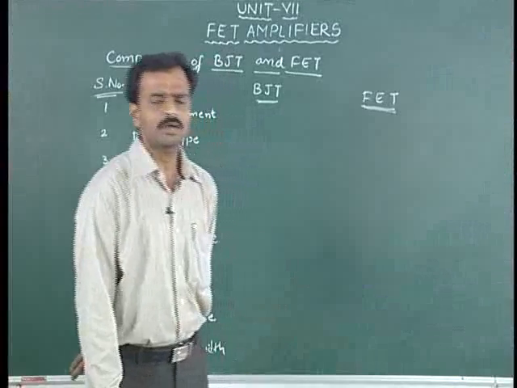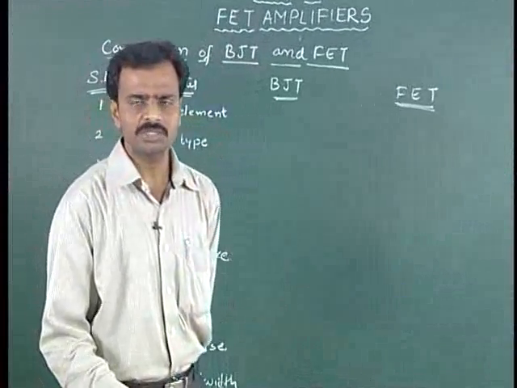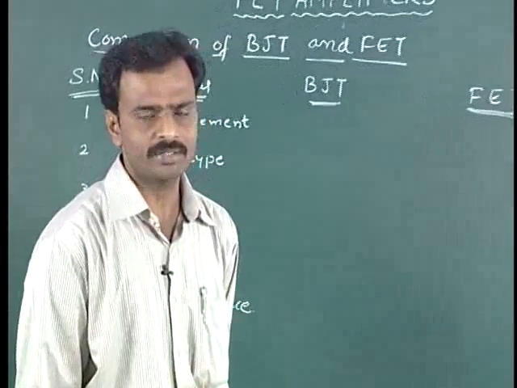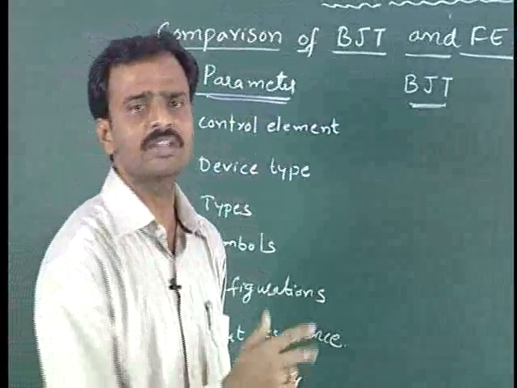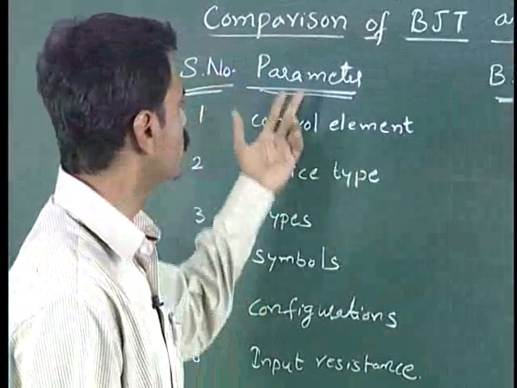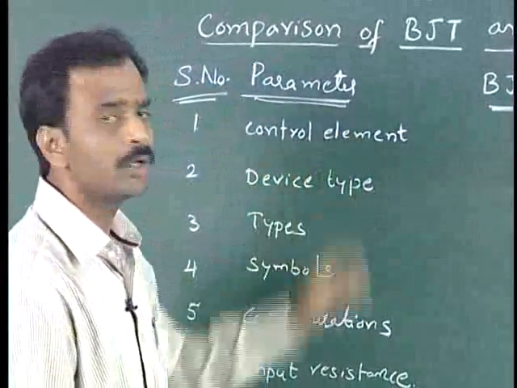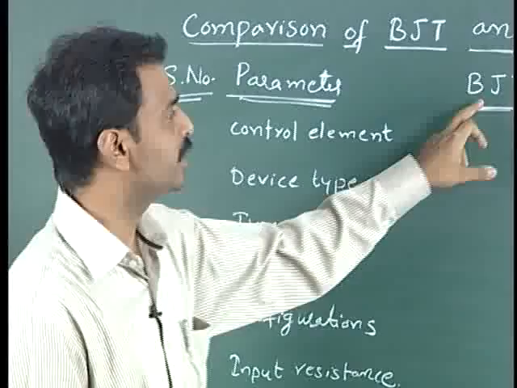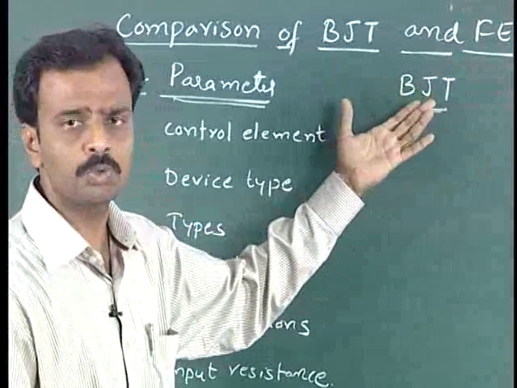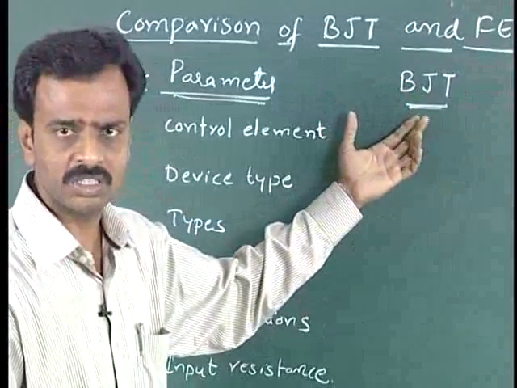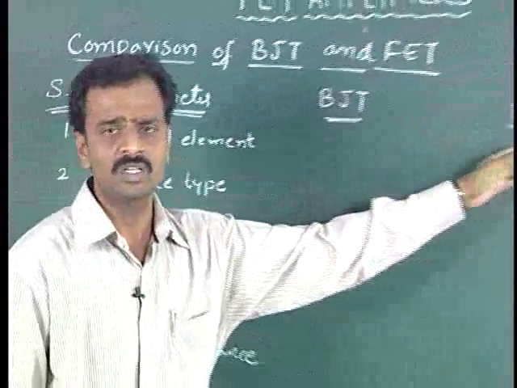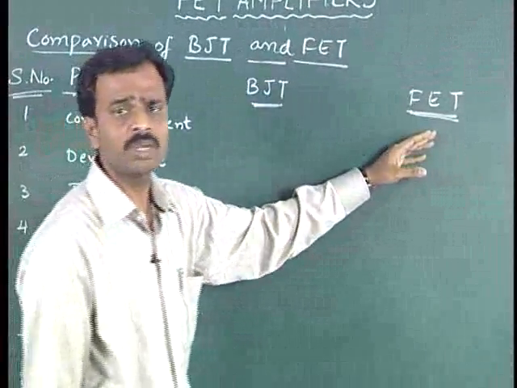Now we'll see the comparison between bipolar junction transistors and field effect transistors, and how many parameters they differ in. First, coming to the first parameter, the control element. How can the output characteristics of the bipolar junction transistor be controlled, and how can the field effect transistor's output be controlled?